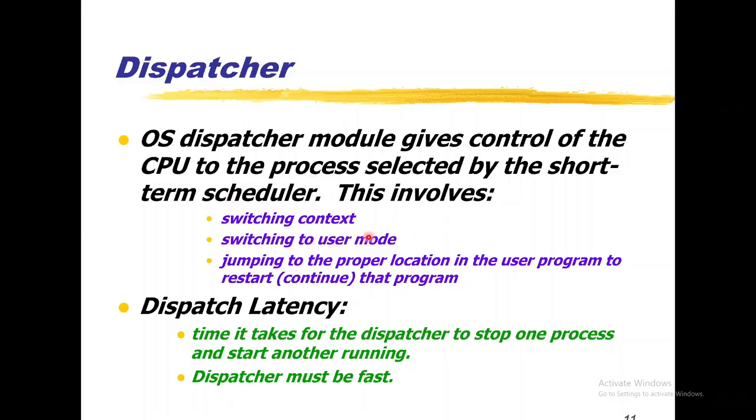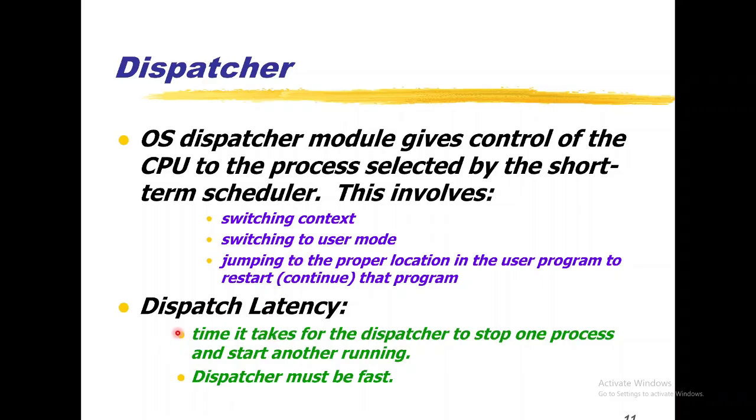Switching context is where it saves the previous process it was working on and loads a new process. That new process will now switch from ready state to running state.